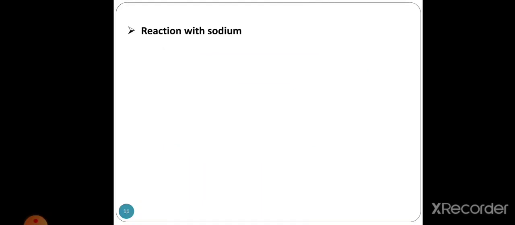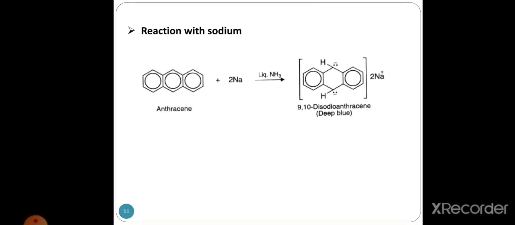Next, reaction with sodium. Anthracene reacts with metallic sodium in liquid ammonia to form 9,10 disodioanthracene, which is deep blue in color.